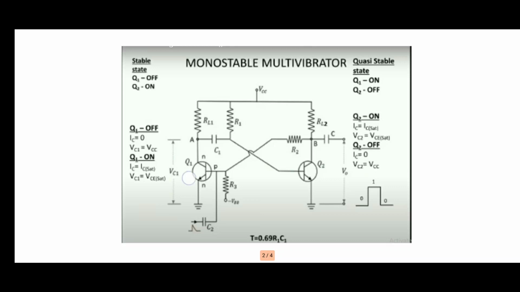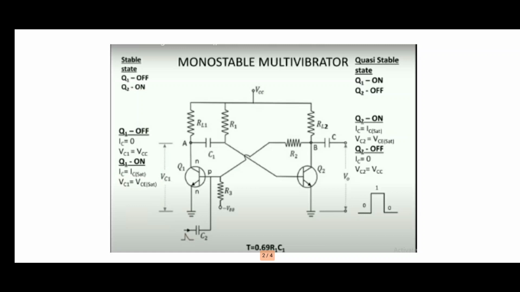So this Q1 and this Q2 are identical NPN transistors. Here the collector of Q1 is given to the base of Q2, and the collector of Q2 is given as input to the base of Q1. So Q1 is transistor 1 and Q2 is transistor 2.